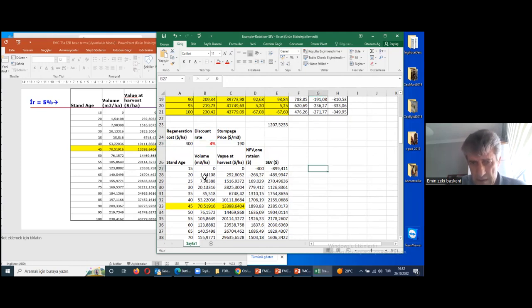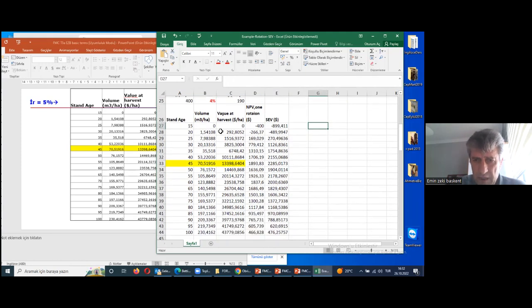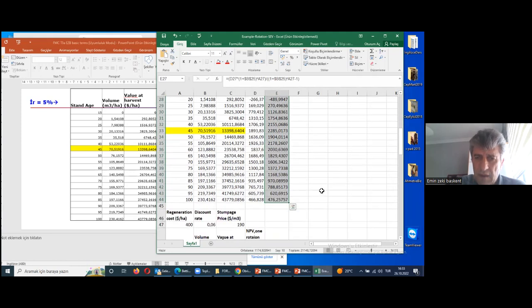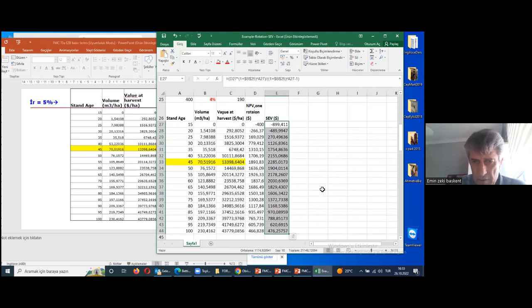All the calculation is the same. These are the results, so this is the result of 4%. According to the discount rate of 4%, which age would be the optimal rotation period?